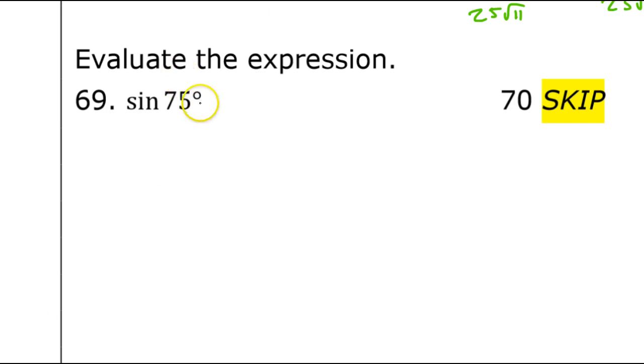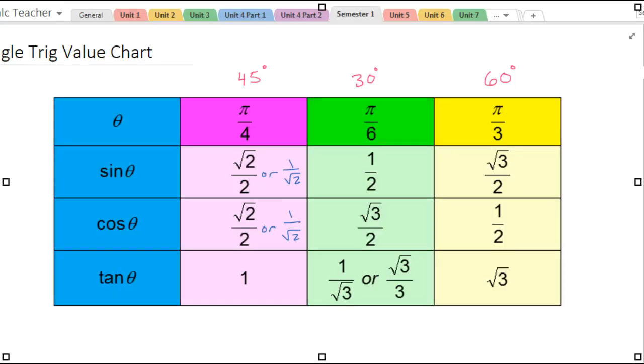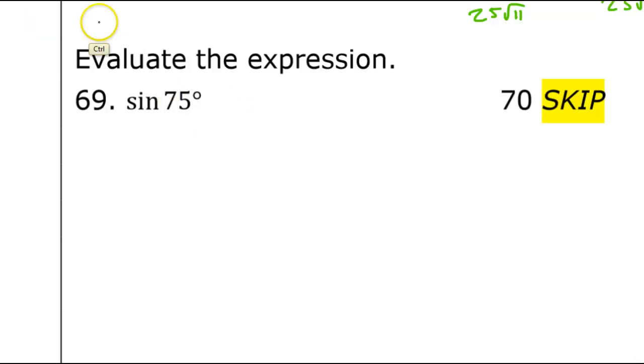Now here's the thing. 75 degrees is not one of the special angles that we have memorized. The special angles that we have memorized the trig values of are 45 degrees, 30 degrees, and 60 degrees. Here are those same angles in radians. So 75 degrees is not one of them.